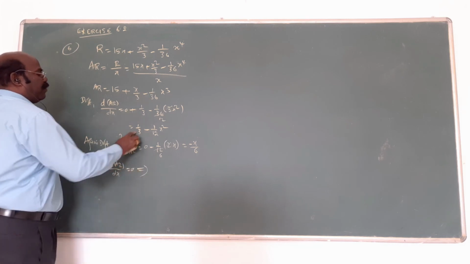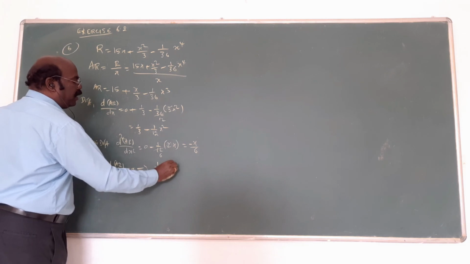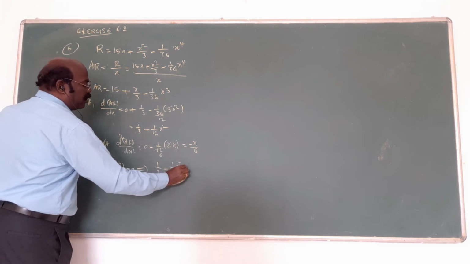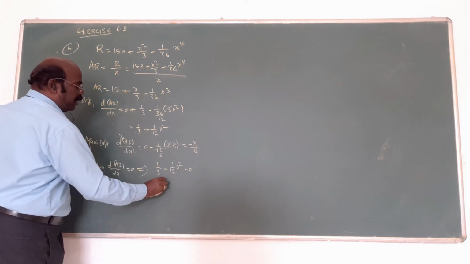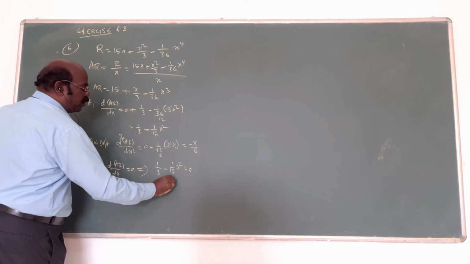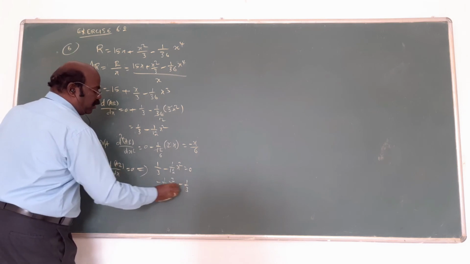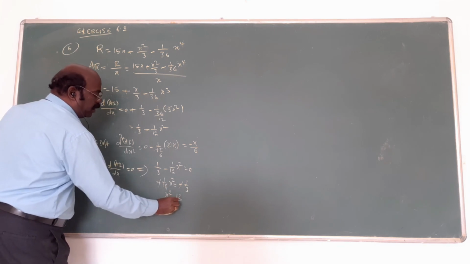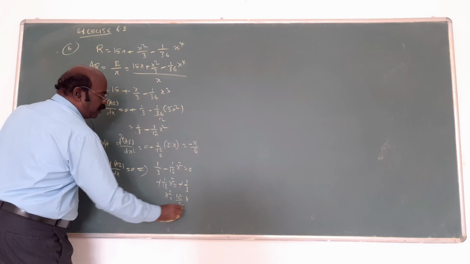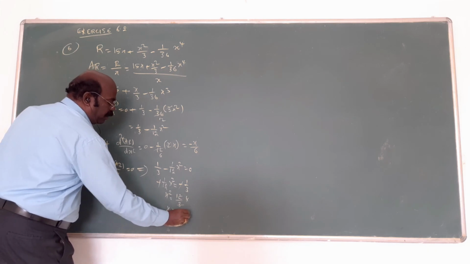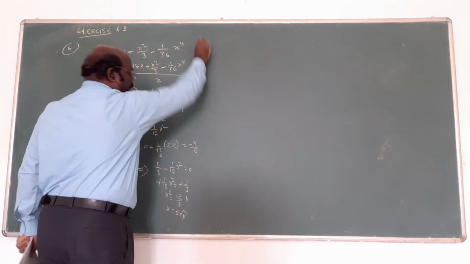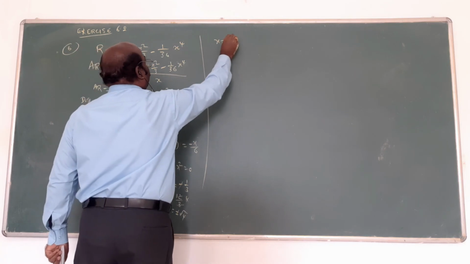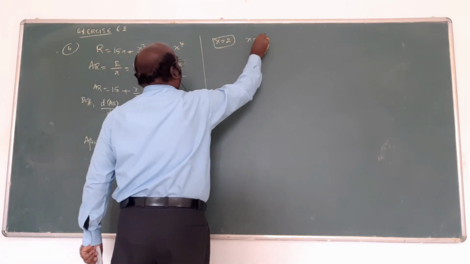What is the first derivative? 1 by 3 minus 1 by 12 x square equal to 0, minus 1 by 12 x square equal to minus 1 by 3, minus minus cancel, x square equal to, cross multiply, 12 by 3 is 4. x is plus or minus root of 4. So x is equal to plus 2 and x is equal to minus 2.